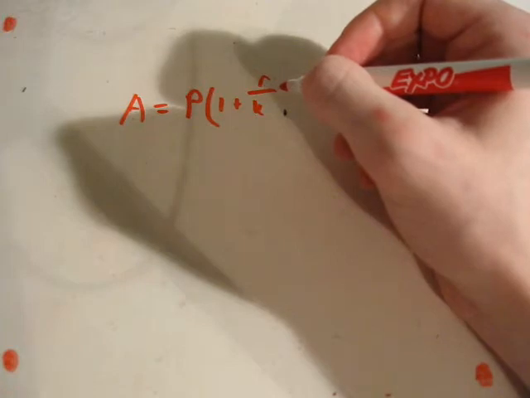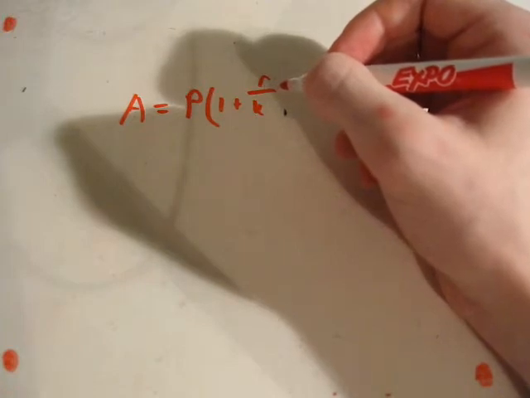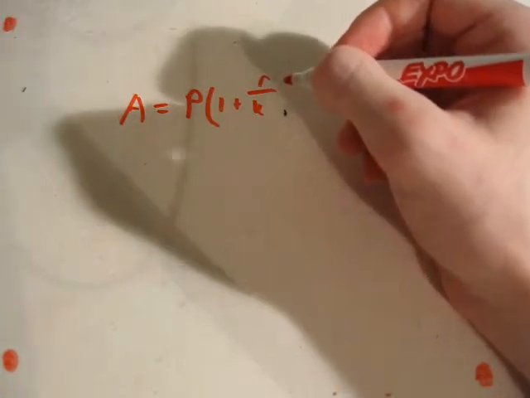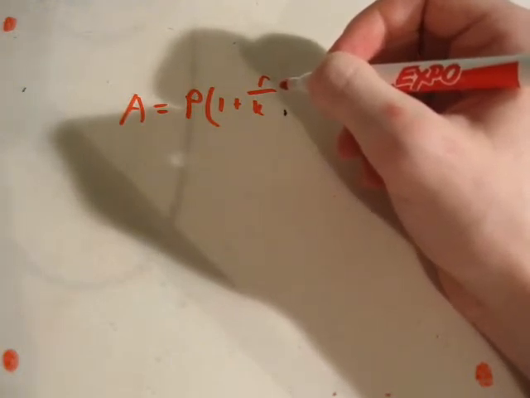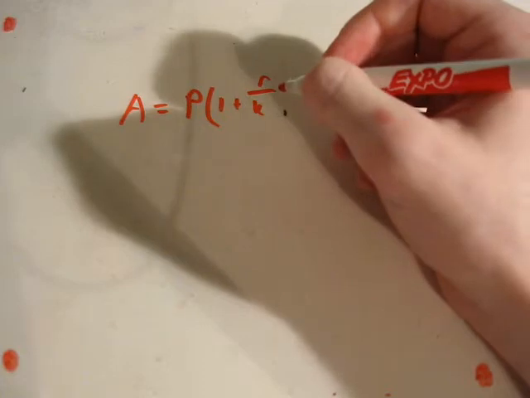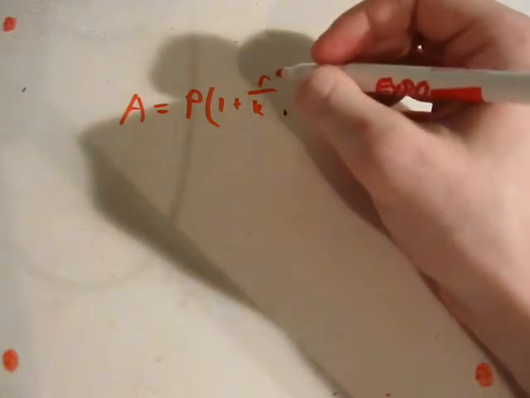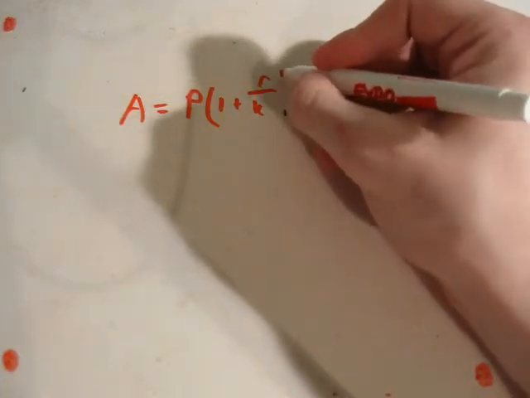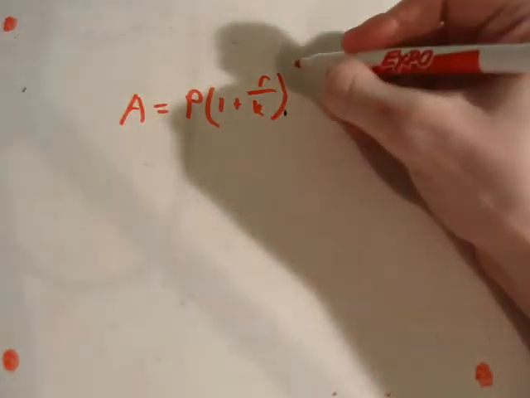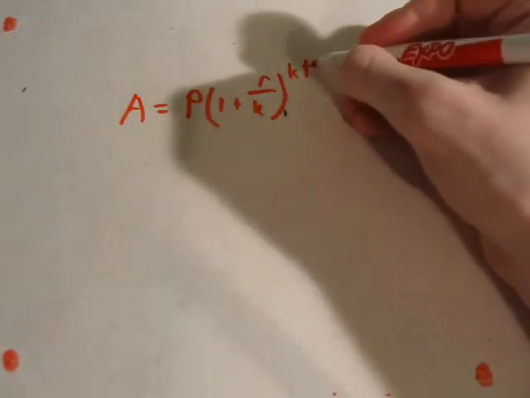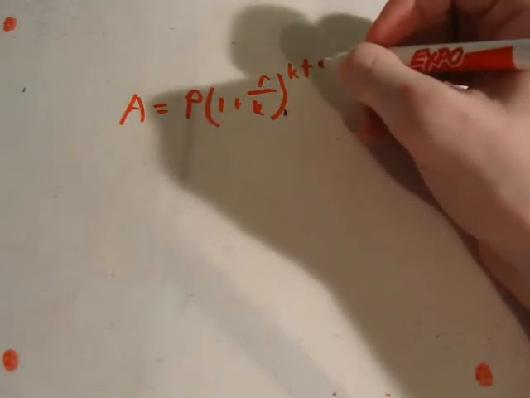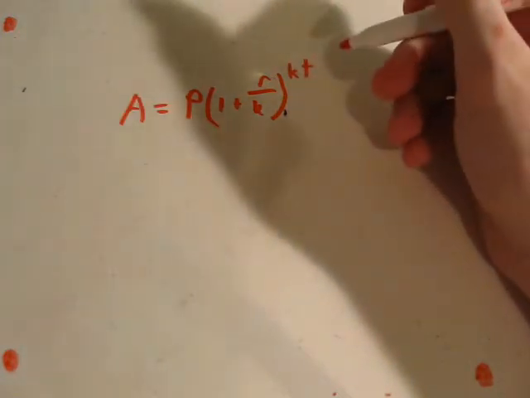Sometimes you're paid quarterly, which is every 3 months. Sometimes you're paid semi-annually, which is every 6 months, and sometimes it's just annually, which is once a year. And then you put that to the k times t power, t being the amount of time, say after 18 years.